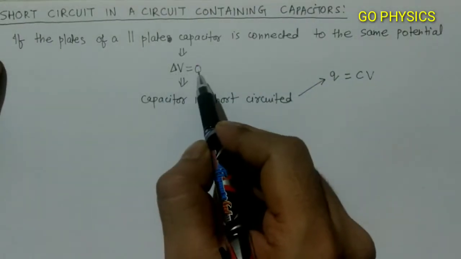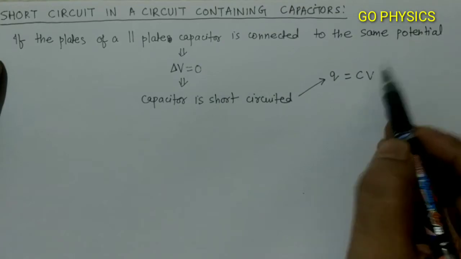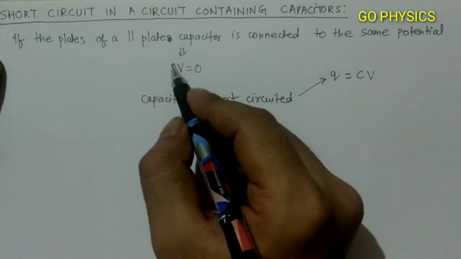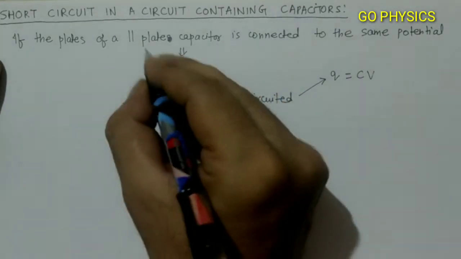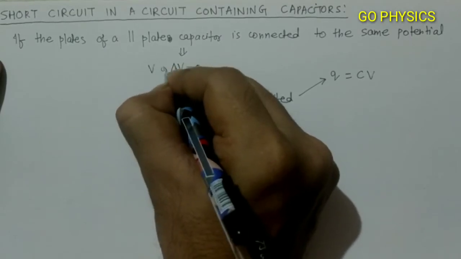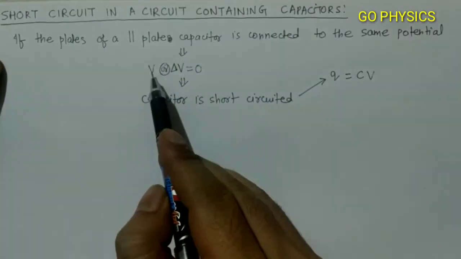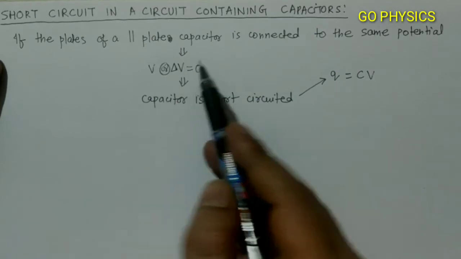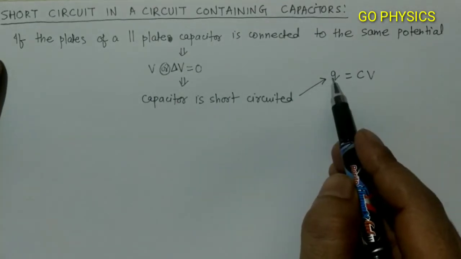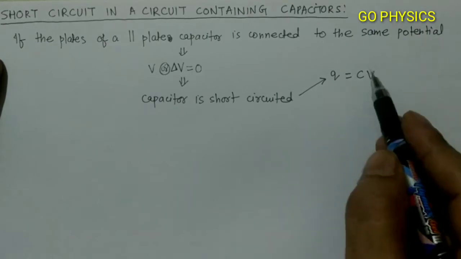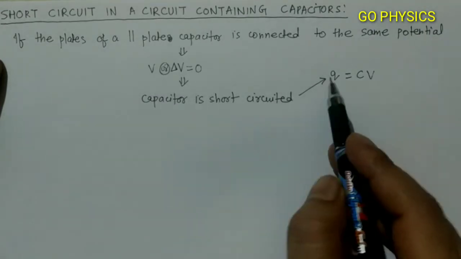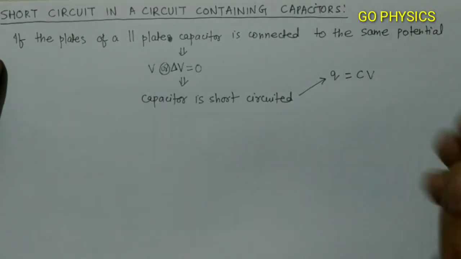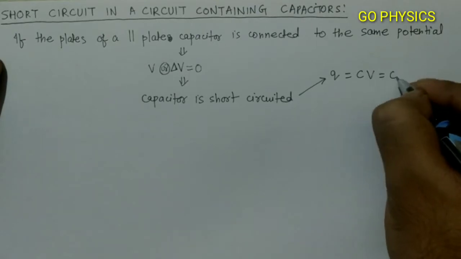Since delta V, or V, the potential difference across that capacitor, is 0, the charge, which is equal to C into V, will be 0 on that particular capacitor.